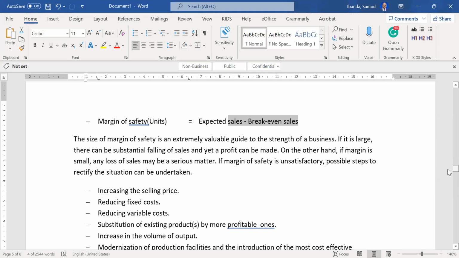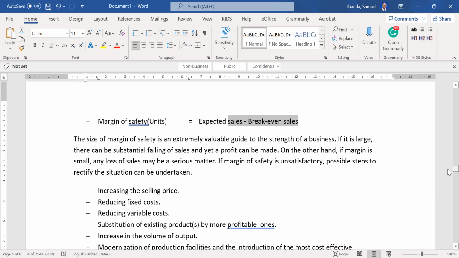For example, we saw ABC, their break-even is 20 units. It means that at 20 units, they are not making any profit at all. Neither are they making any loss, because total revenue is equal to total costs. So if a business is producing at, let's say, 40 units, it is just 20 units away from its break-even point.